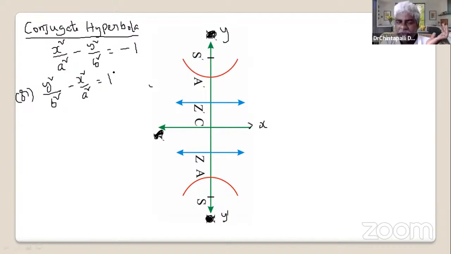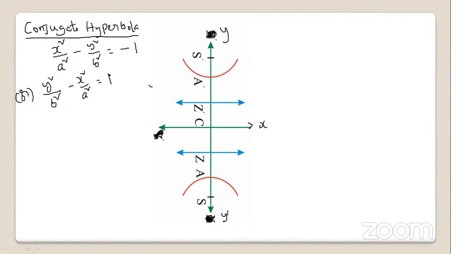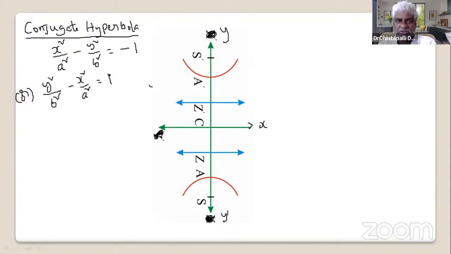So the standard equation of conjugate hyperbola is x square by a square minus y square by b square equal to minus 1, or y square by b square minus x square by a square equal to 1. Do you remember the first question?